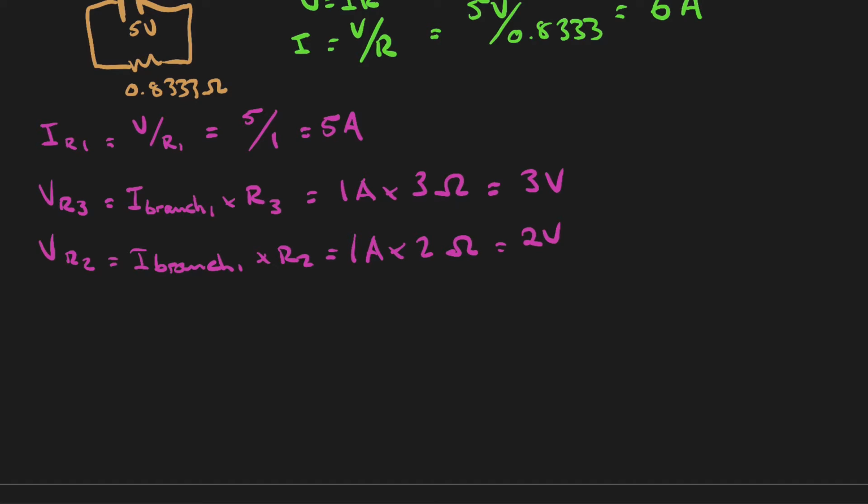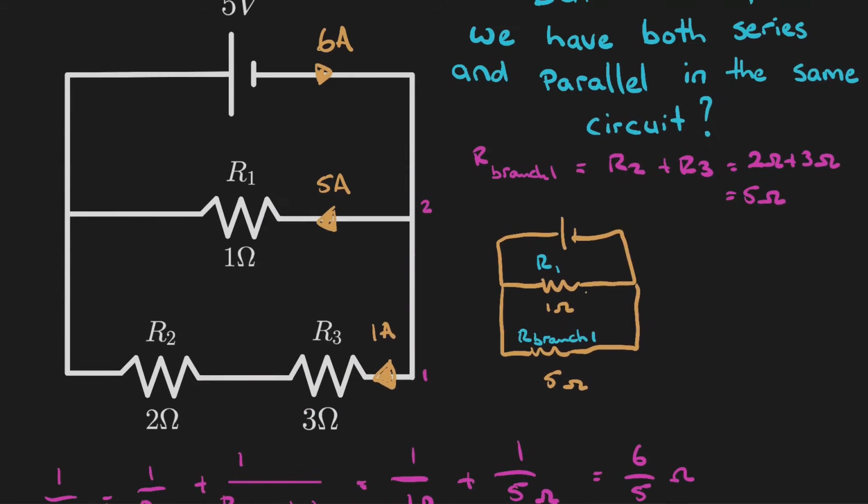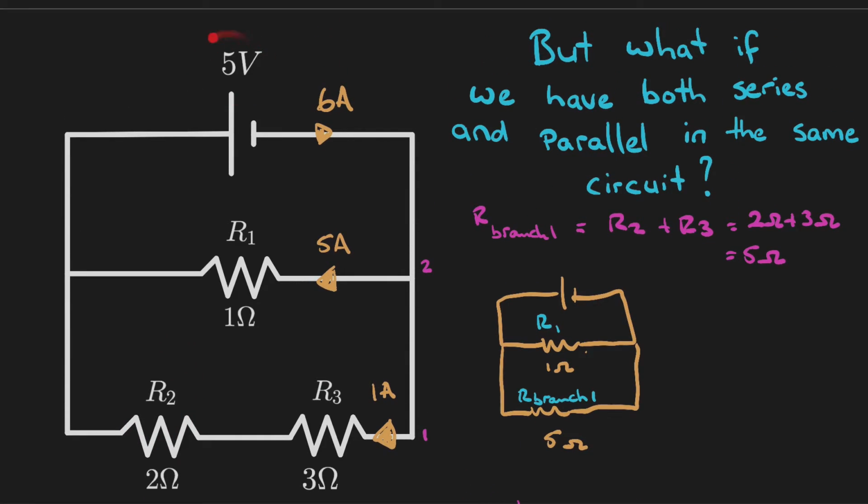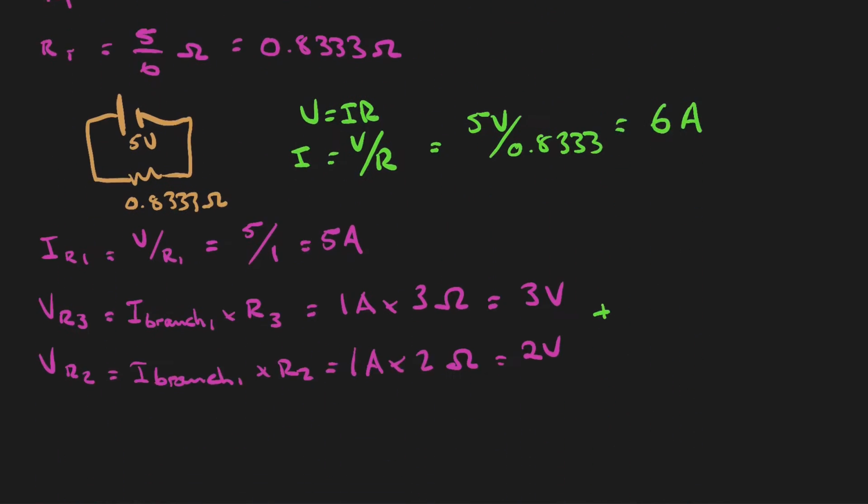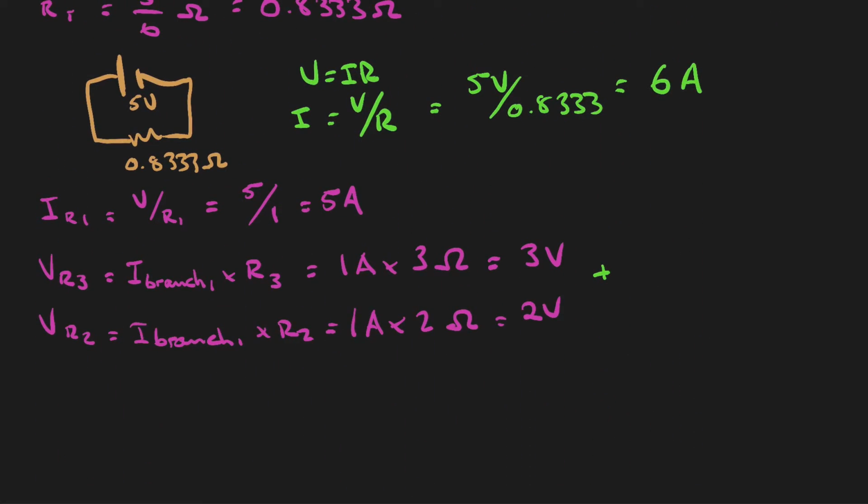And we know that this is true because if you sum them together, you'll have the supply voltage. So the voltage across R3 plus the voltage across R2 should equal the sum of all voltages, which is 5 volts. So 3 volts plus 2 volts equals 5 volts.